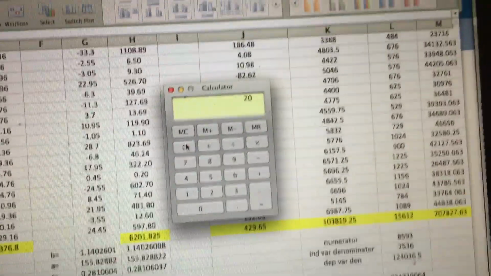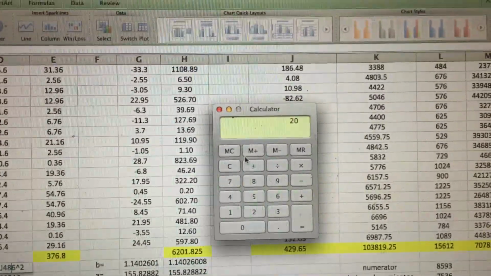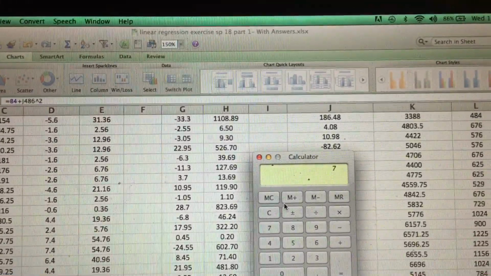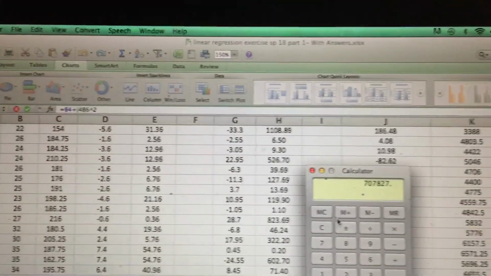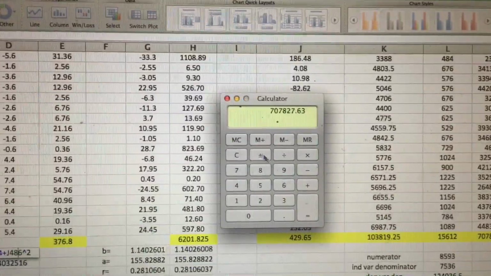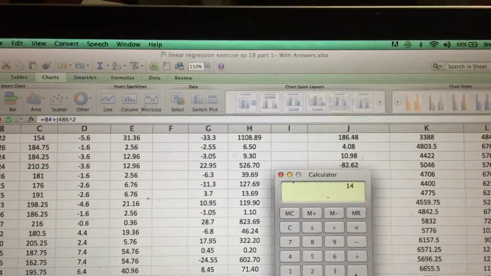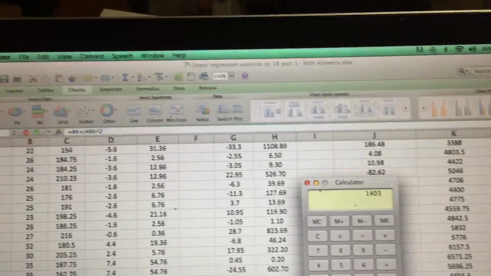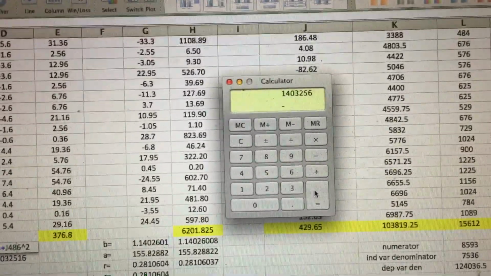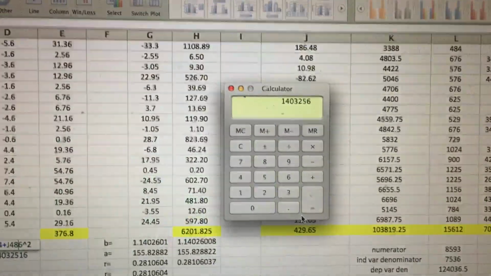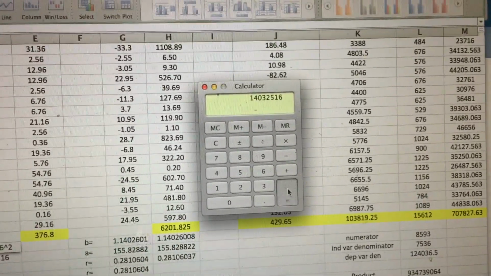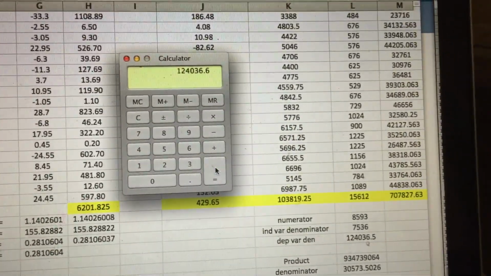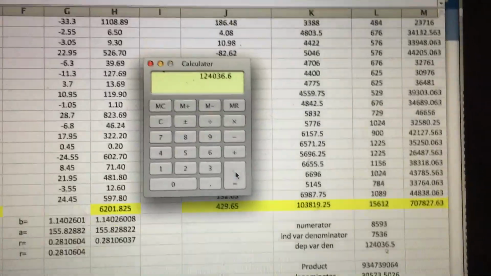We got 20 times 707,827.63 equals, minus 140325516. Oh, and we have 124036, right?